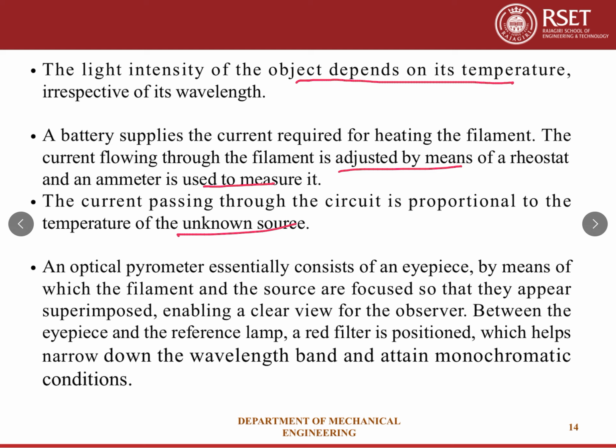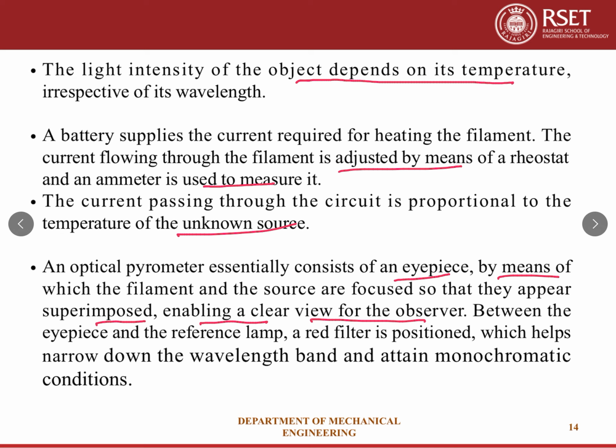An optical pyrometer essentially consists of an eyepiece by means of which the filament and the source are focused so that they appear superimposed. Both the filament light and the hot body light are focused or superimposed, enabling a clear view for the observer.